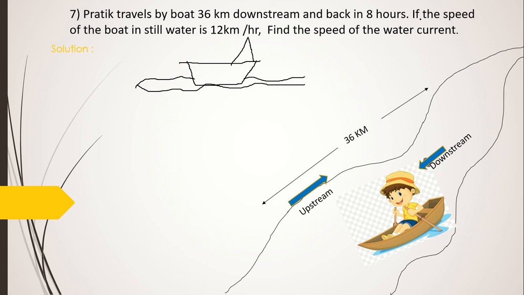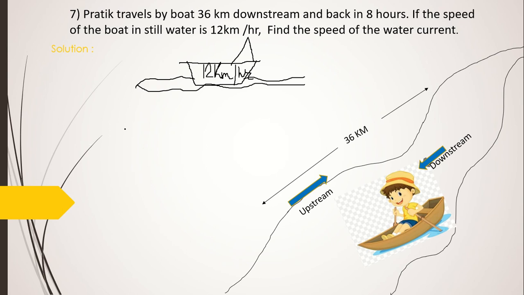Now what have they given in the question? Speed of the boat in still water is 12 kilometers per hour, in still water where the water is not flowing. Okay, now a little bit of science also we have to know in this.